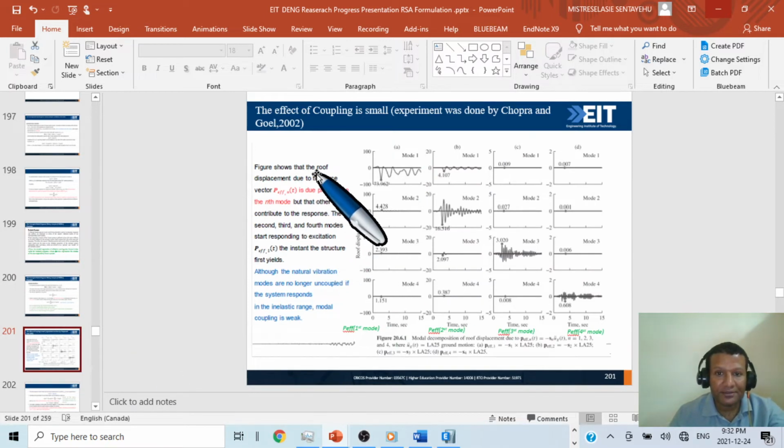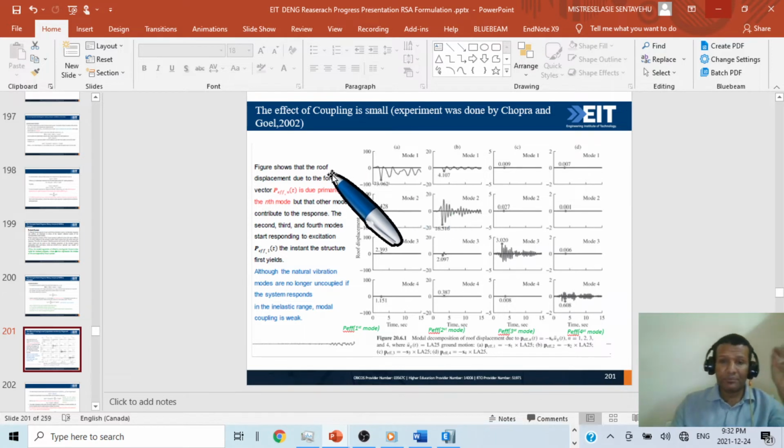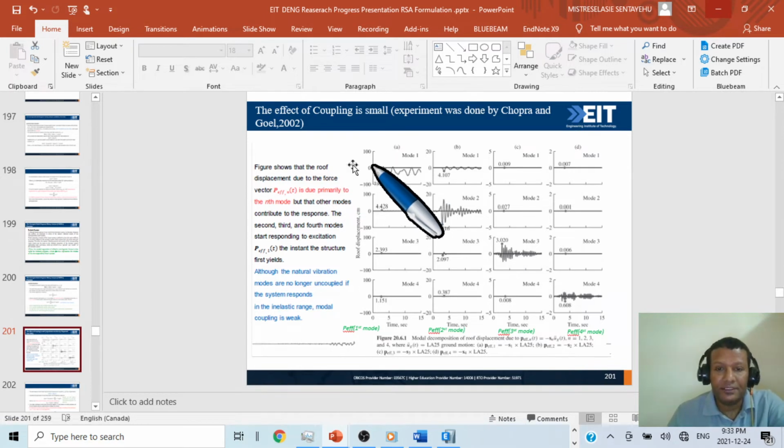They did an experiment. For example, this is mode 1, this is mode 2, this is mode 3, and this is mode 4. For each single degree of freedom system, when they use mode 1, they perform cyclic pushover analysis or monotonic pushover analysis, and they found the pushover curve, they idealized it, and they made the hysteresis curve, and they applied that hysteresis curve to the equivalent nonlinear single degree of freedom system.